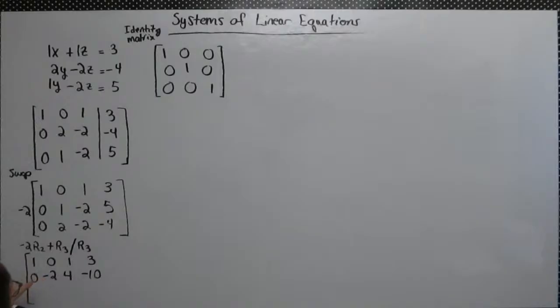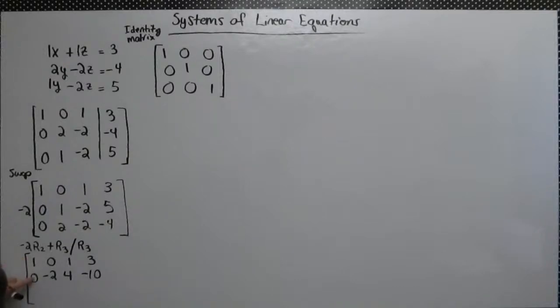So we've multiplied everything by a negative, and now I need to add row 2 to row 3, and we're going to write the new value here.